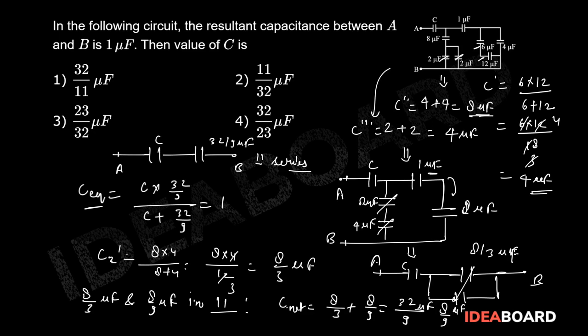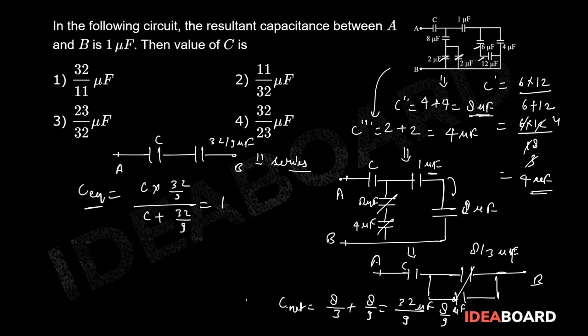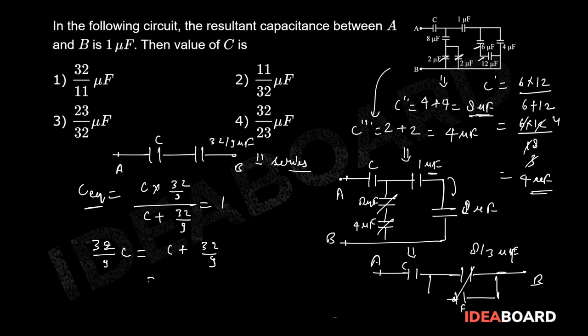Now our task is to solve this final expression which will give you the final answer, right? So let us solve. So this will be 32 by 9 into C plus 32 by 9. So this C we can take this side. So 32 by 9 minus 1, 32 by 9.